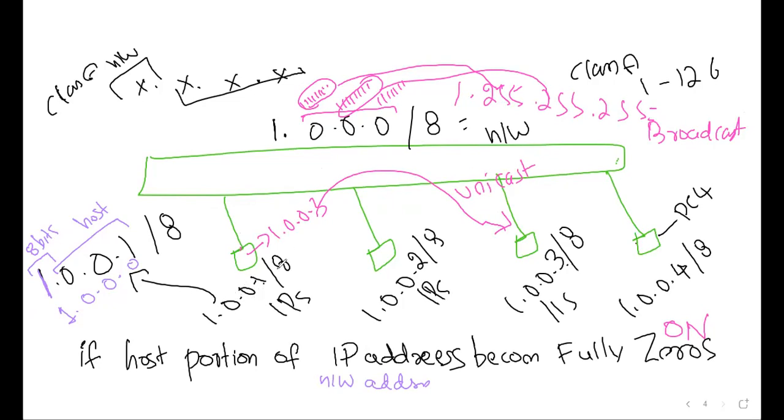If the host portion is completely on and one device sends to that address, it goes to everyone within that network, which is called the broadcast address. Hope you understood. So in class A, there is a network address, there are IPs, and there is a broadcast.